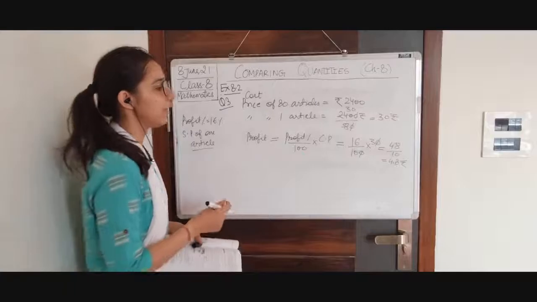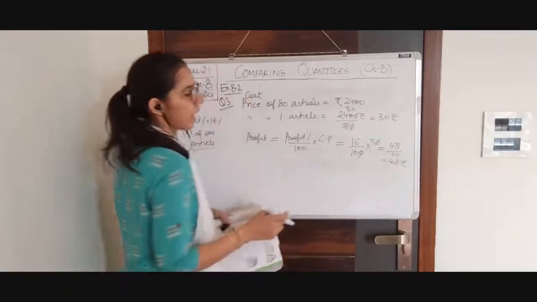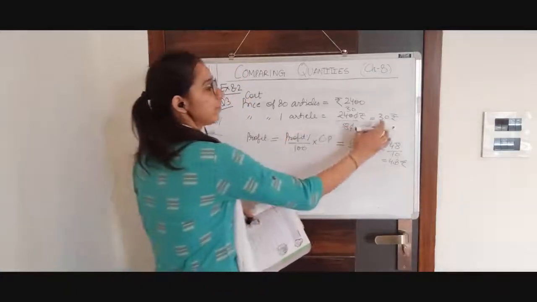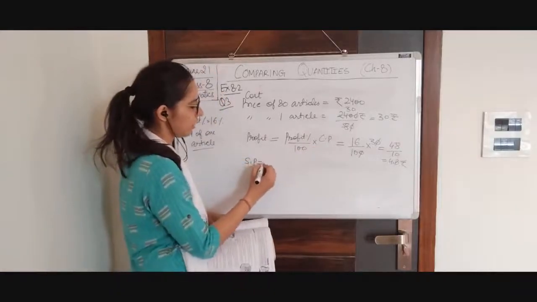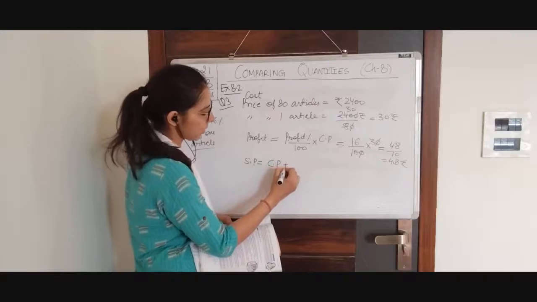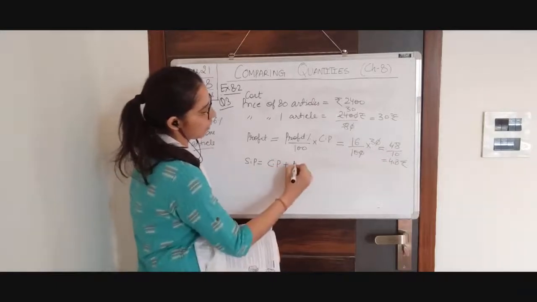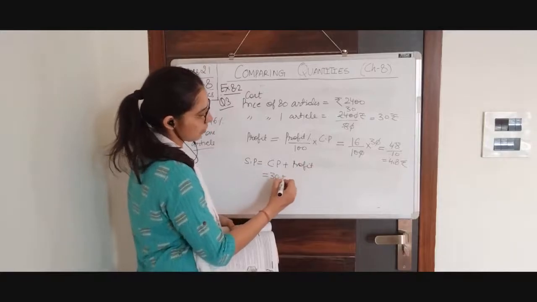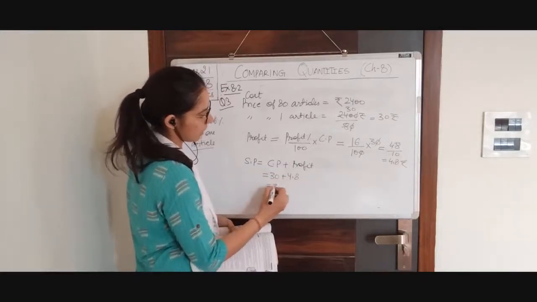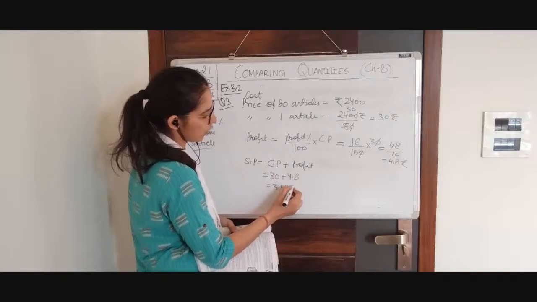The shopkeeper had profit of 4.8 rupees on 30 rupees. It means your selling price will be cost price plus profit, which will be equal to 30 plus 4.8, that is 34.8 rupees.